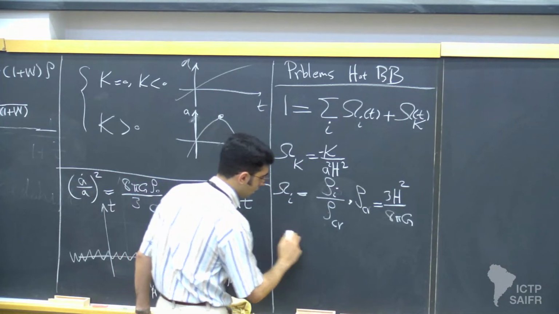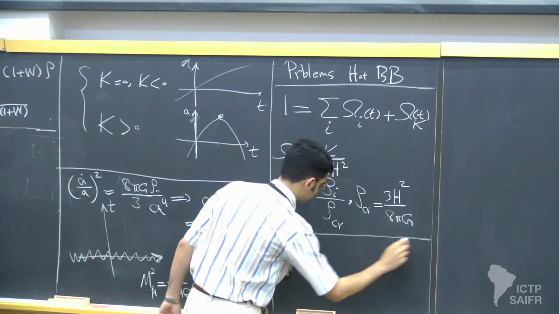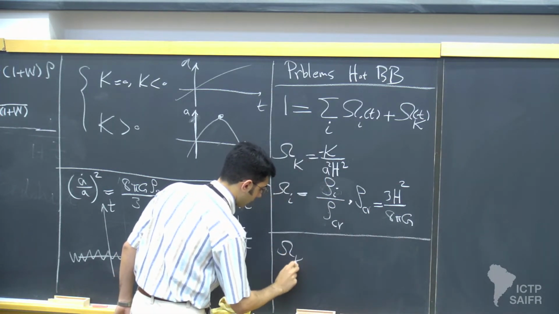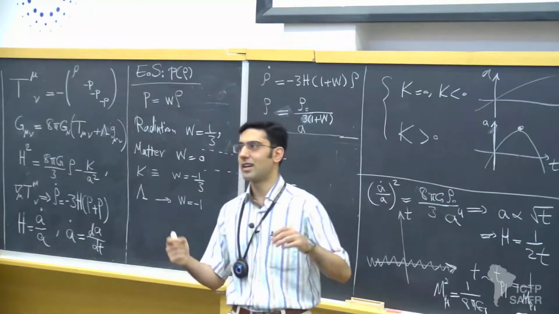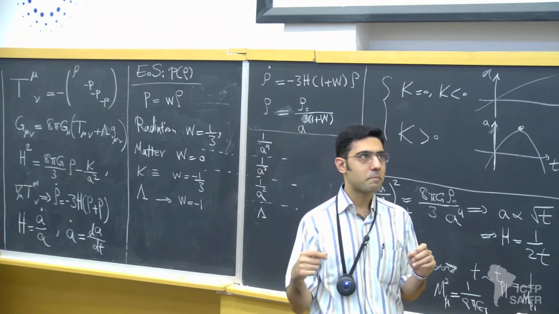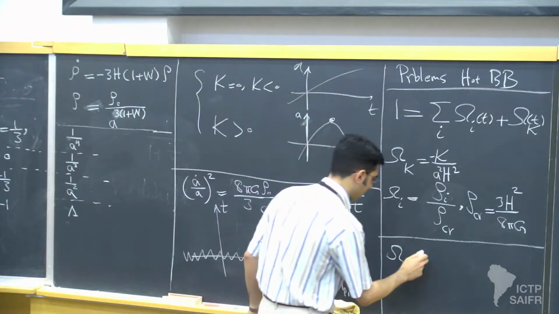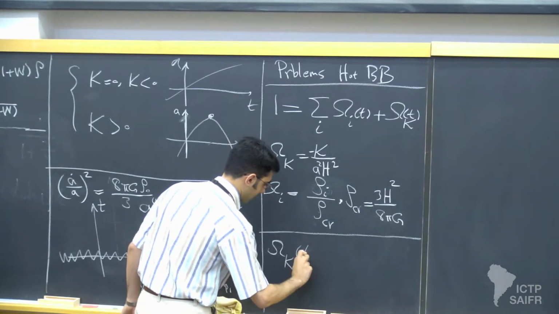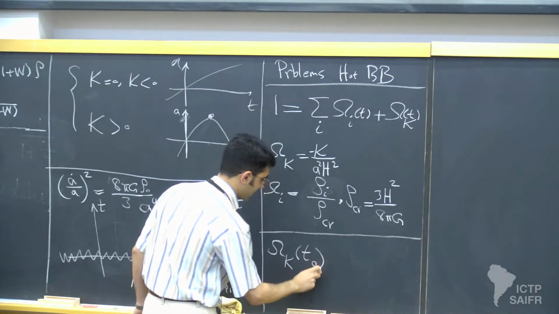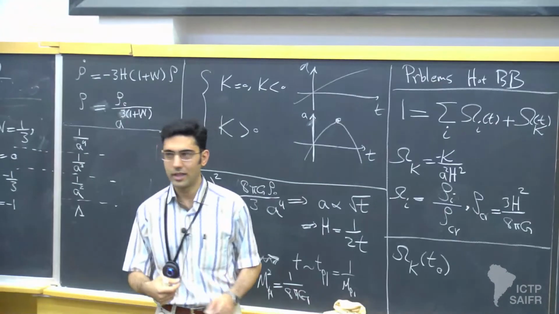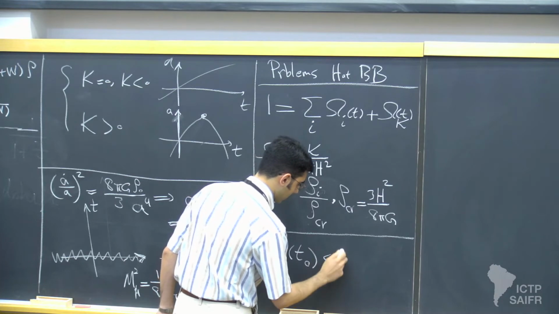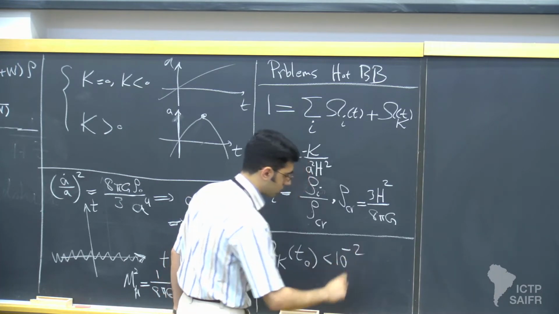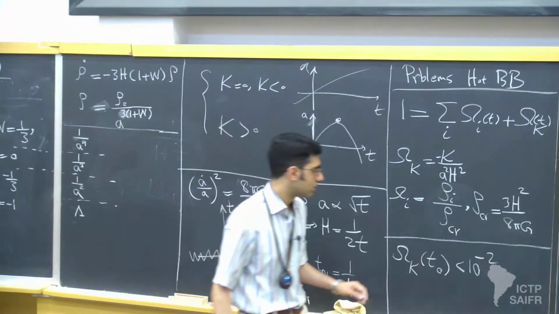So if we ask about Omega_k today, quantities today are usually denoted by a subscript 0. So Omega_k at t_0 means Omega_k today. And this is constrained to be something less than 10 to the minus 2, maybe even smaller.